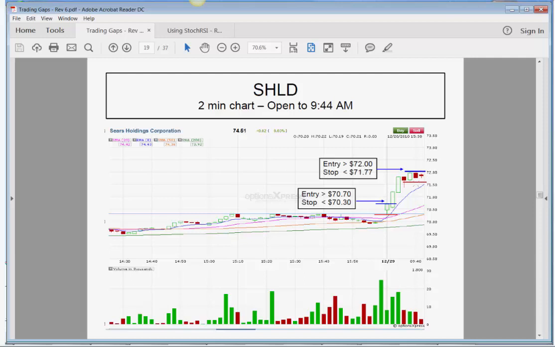I've never seen that to be much at all possible. So therefore, I only look at the secondary entries if I missed it. So if I was looking at something else, I only found SHLD later in the day. Later in the day is maybe 5 or 6 minutes, more than 2. Then I'd have to look at this one. So there were 2 possible entries that are about the same amount of this.